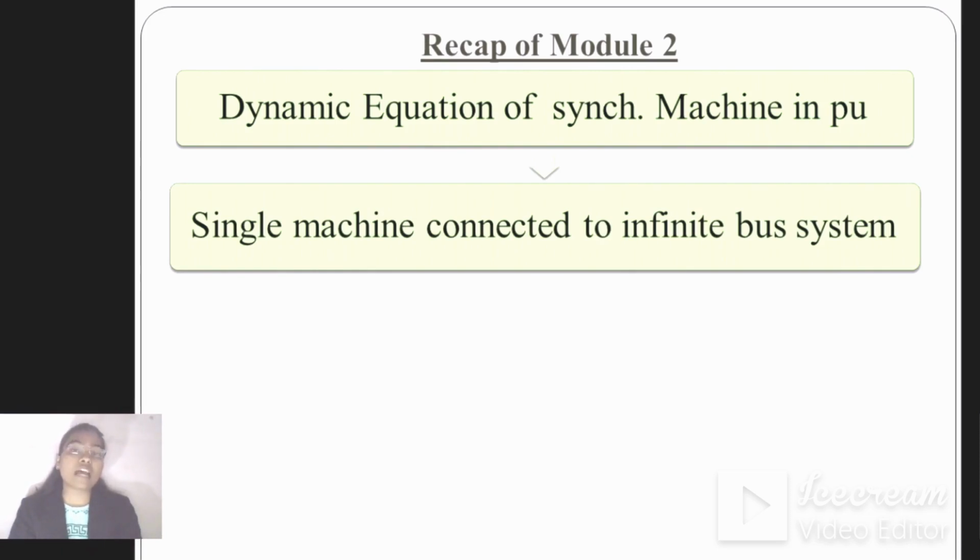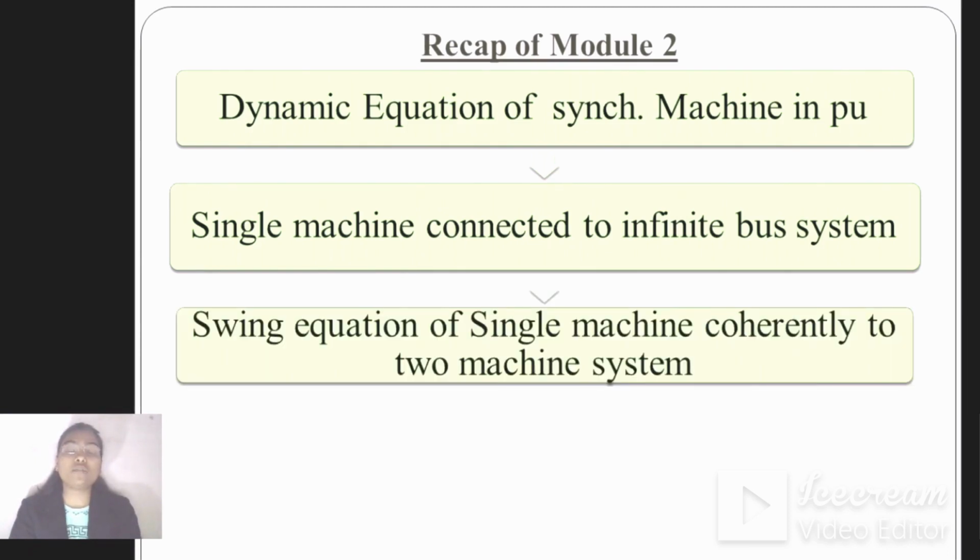From the dynamic equation of the synchronous machine, we developed the swing equation, and from that swing equation, we saw three different cases, and we developed the swing equation for a single machine connected to an infinite bus system. Then we also developed the swing equation for a single machine coherently swinging to a two machine system.